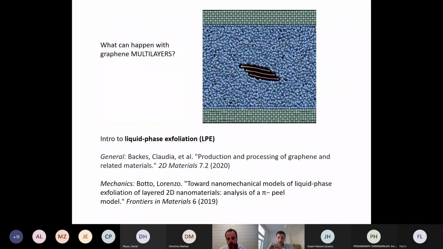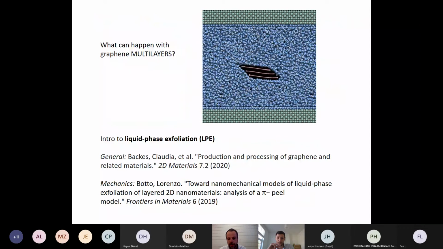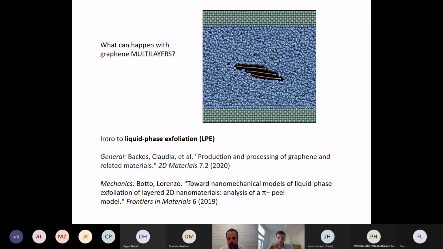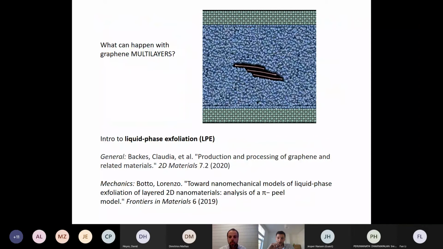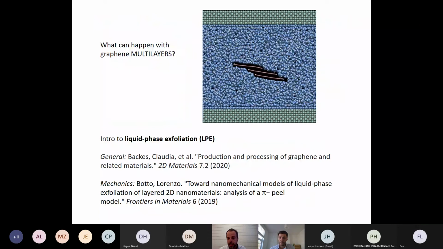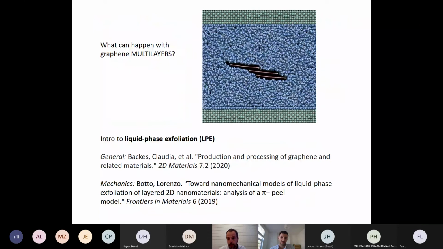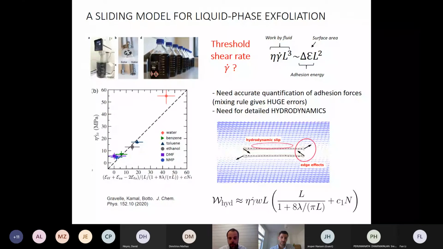This has important implications for so-called liquid phase exfoliation, which is one of the most scalable methods to produce graphene on large scales by starting from simple graphite. We have developed a model that we believe is the first validated model for liquid phase exfoliation, and we have compared against MD data for a variety of solvents, and you can find details in this publication.